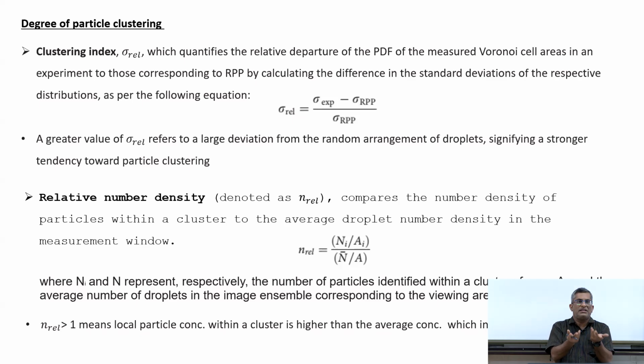So you can calculate the number density and normalize that with the global or the overall number density. So this gives you the relative number density. Okay. If it is larger than 1, this means that the local particle concentration within a cluster is higher than the average concentration, that indicates clustering.